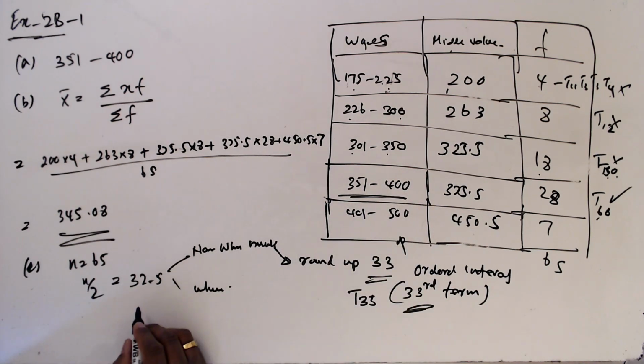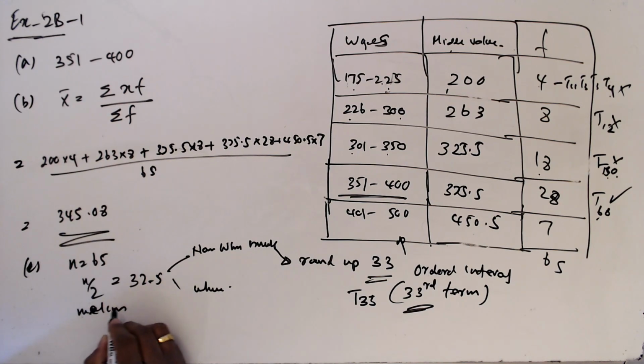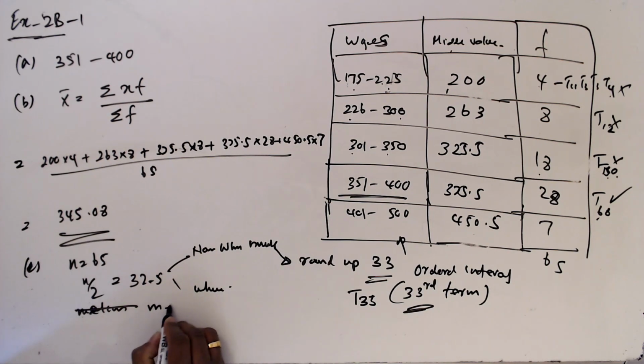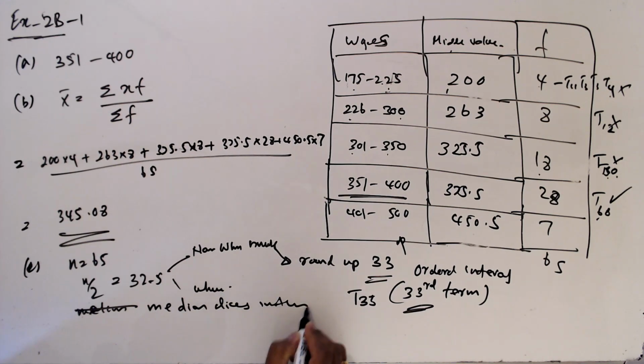So the median lies in the interval of 351 to 400.